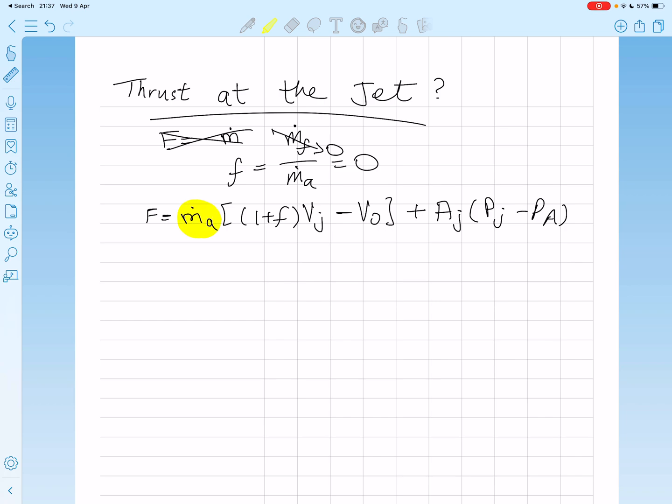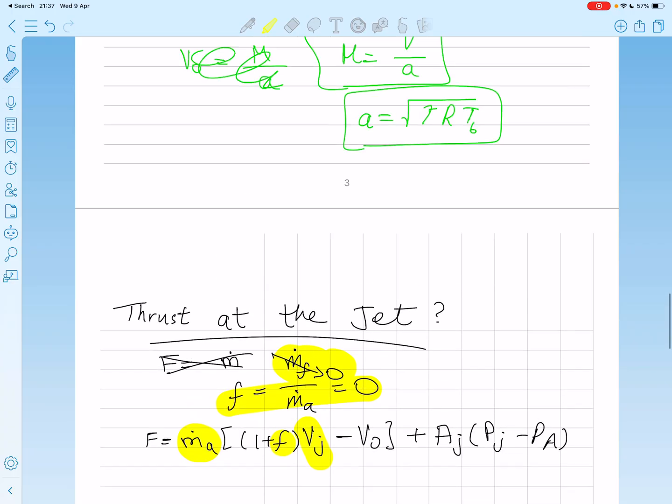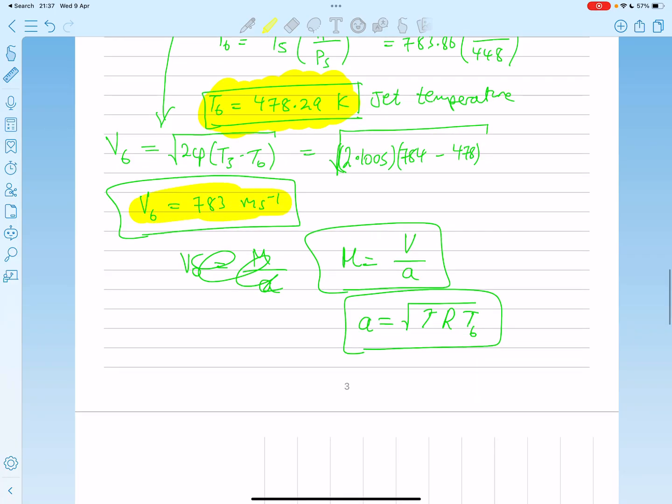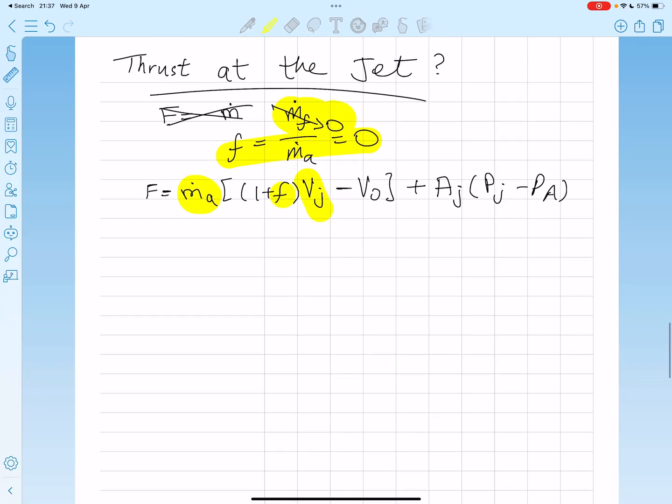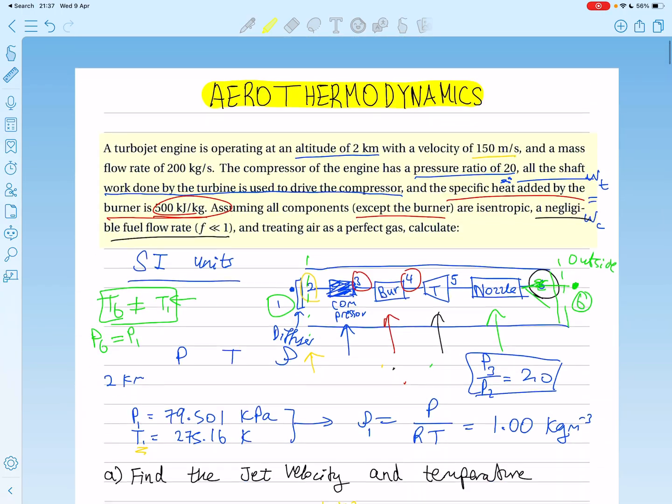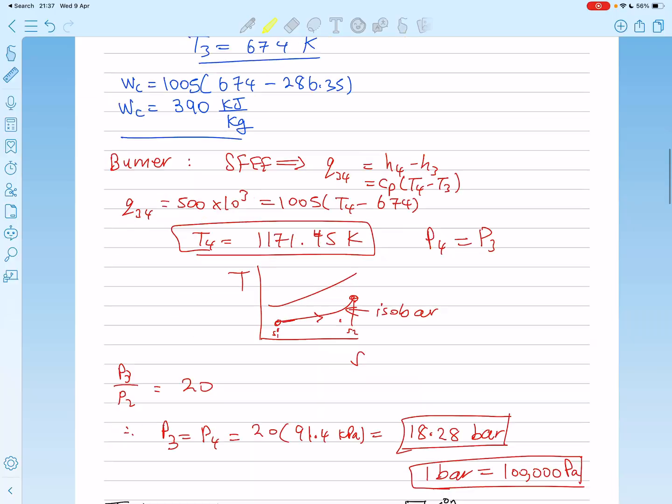This is the mass flow rate of air. This is the thing that equals to 0 because of the negligible flow rate. We found this last question. This is V6. Flight velocity, can easily find it. Sorry, actually it's already given. 150.